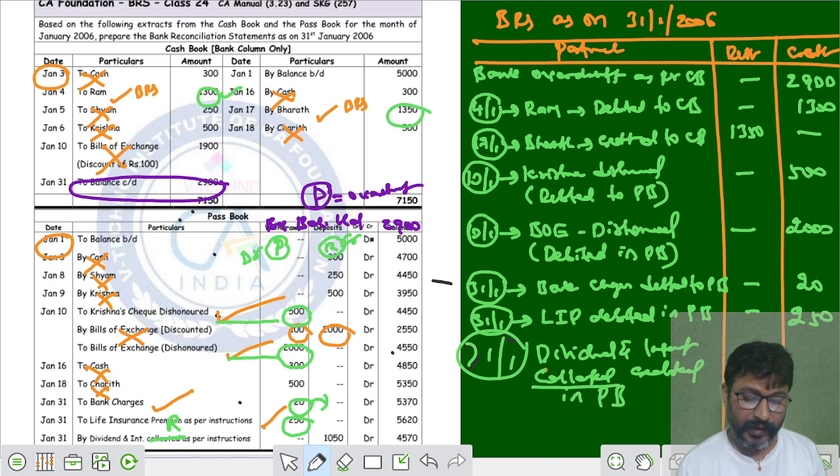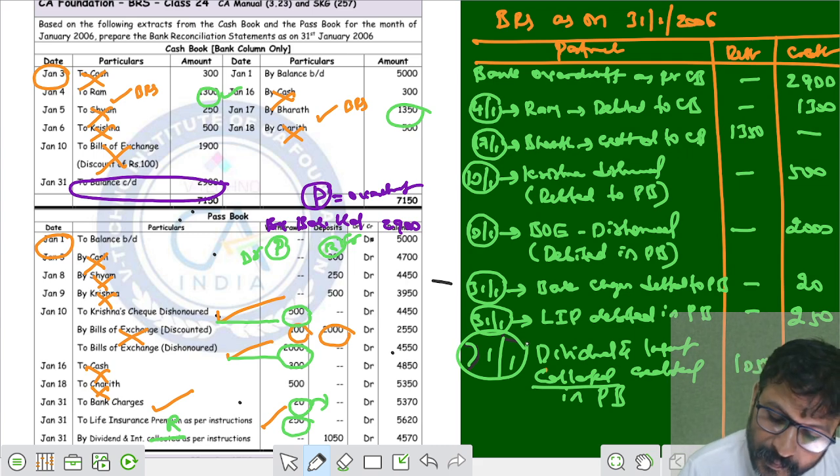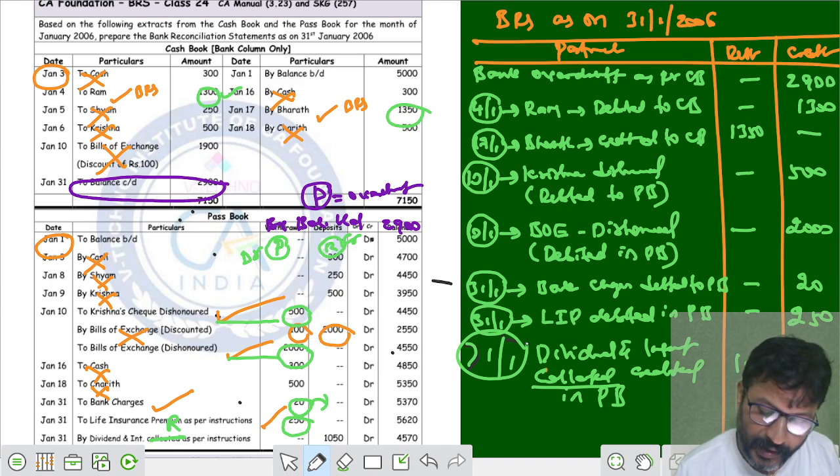Credited means where we have to take it? We have to take it on the debit side. 1050. Fine. Now you close completely.